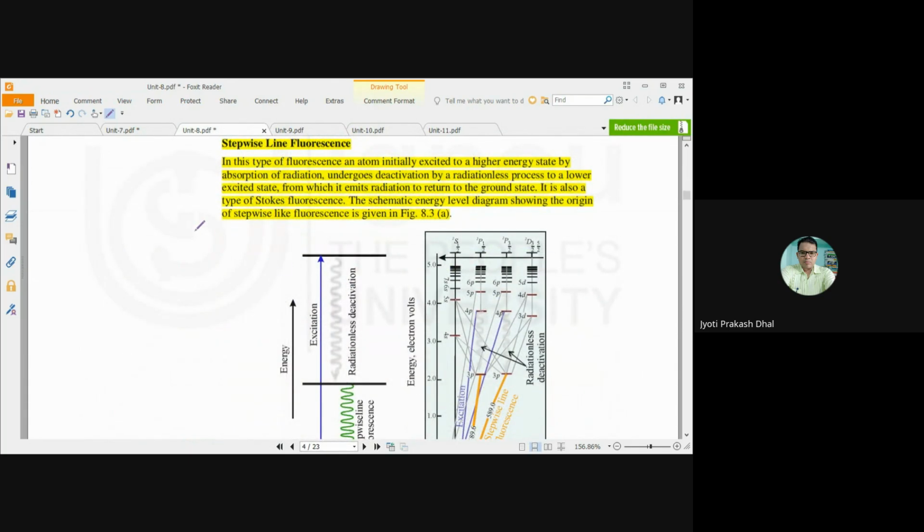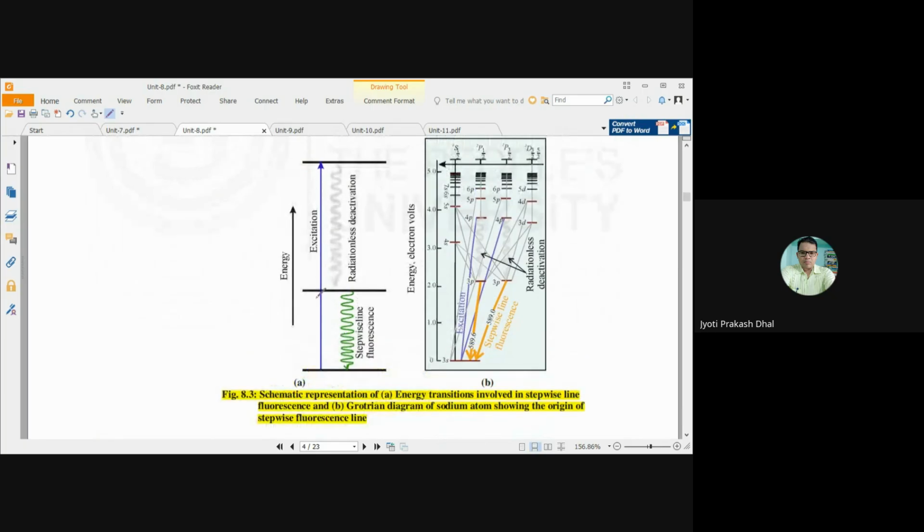Now coming to stepwise line fluorescence. In this type of fluorescence, an atom initially excited to a higher energy state by absorption of radiation undergoes deactivation by a radiationless process to some lower excited state, and from that lower excited state it emits radiation and returns to the ground state. It is also a type of Stokes fluorescence, and here the schematic diagram is shown.